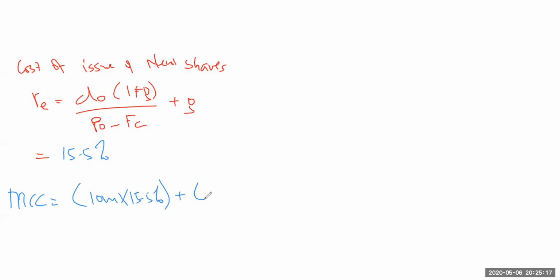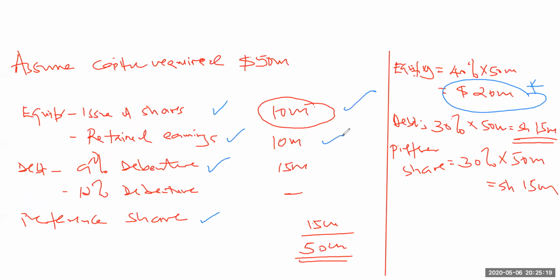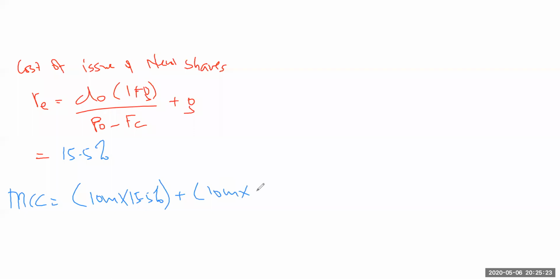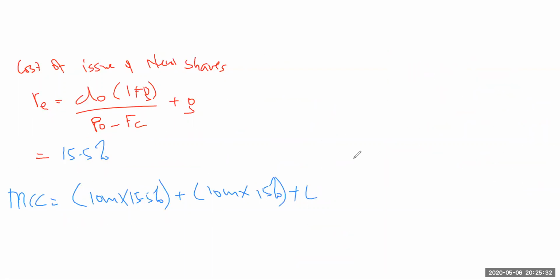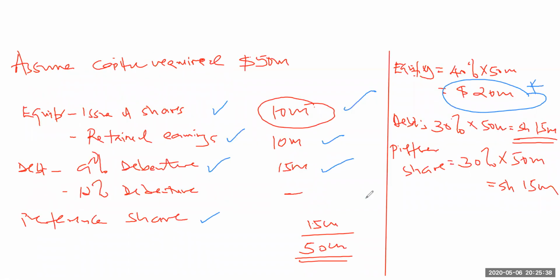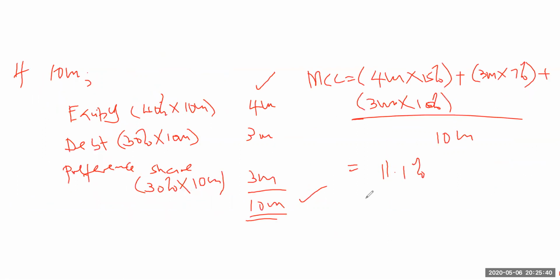Then we are going to obtain the other 10 million from the retained earnings, so 10 million at a cost of 15%. You're going to raise 15 million from the 9% debenture, and I think we already have done that. The 9% debenture cost, where is it?